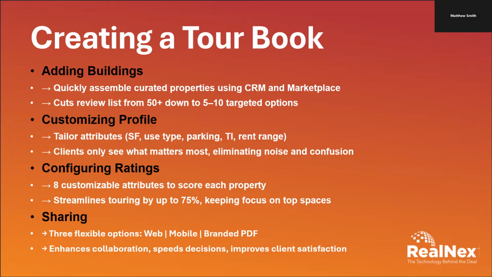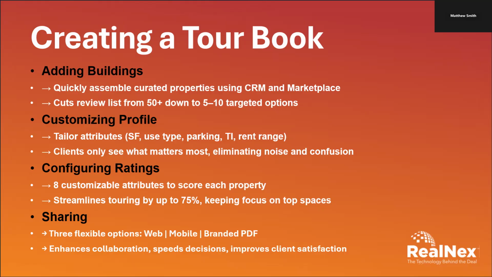You're also going to have configured ratings. These are 8 customized attributes. These customizable attributes will allow clients to score each one of the properties. This allows you to streamline tours up to 75% quicker. But it's also going to allow you to focus on your top spaces. Out of sight, out of mind.